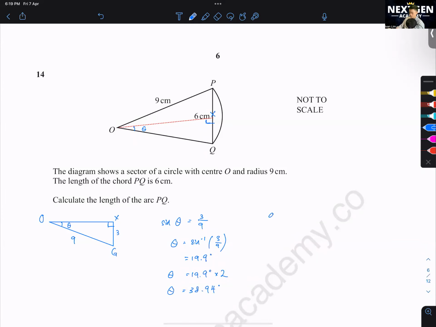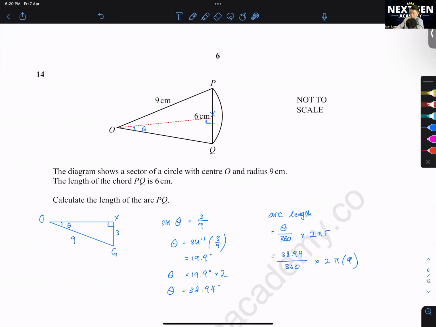The formula of arc length is equal to theta over 360 times 2 pi r, which is 38.94 over 360 times 2 pi 9. Over here also, I still use the calculator value, because the more I round up, the less accurate it will be.